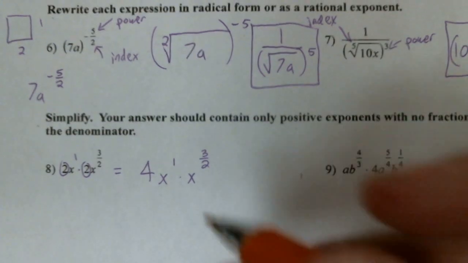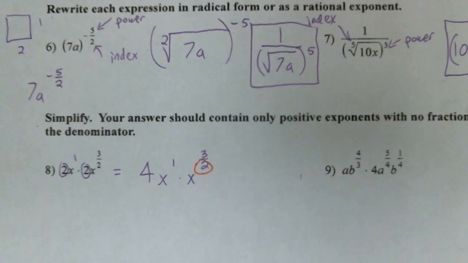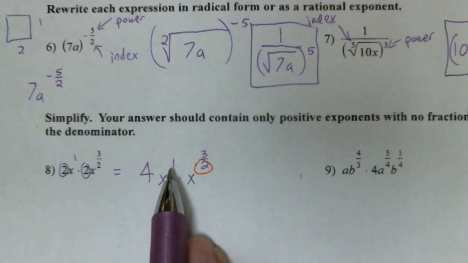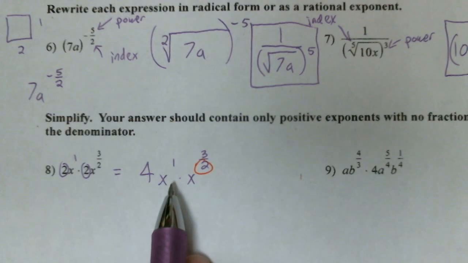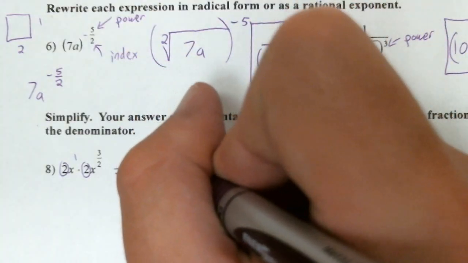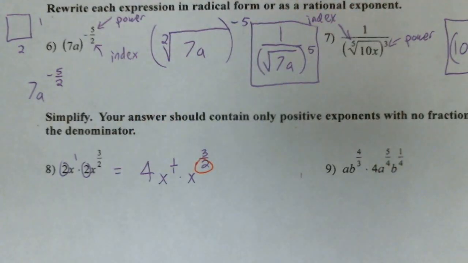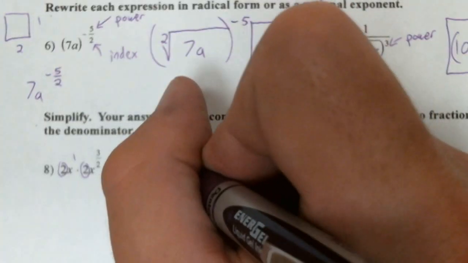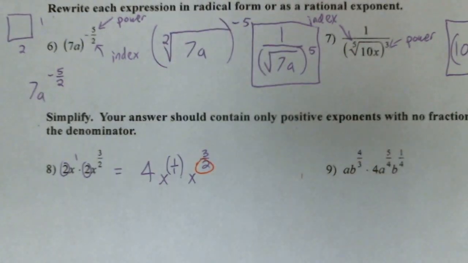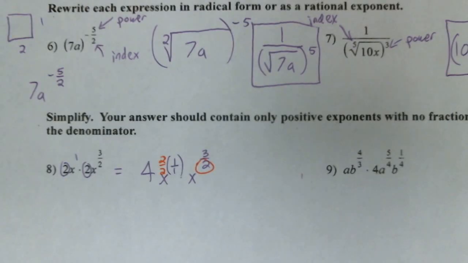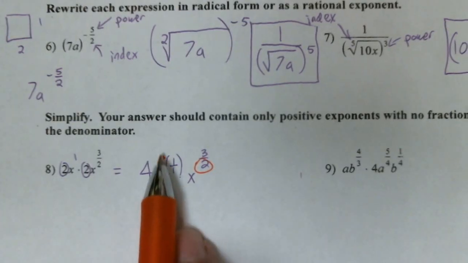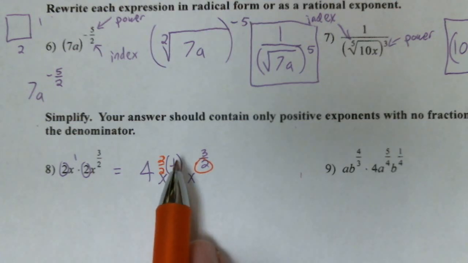Okay, so maybe I should do this in different colors. Okay, so the common denominator is going to be 2. Well, how do I get 1 to have a denominator of 2? This is technically 1 over 1, correct? So since I need a common denominator of 2, I need to multiply this guy by 2 over 2. Okay, 2 over 2 is just 1. So I'm basically multiplying 1 times 1.